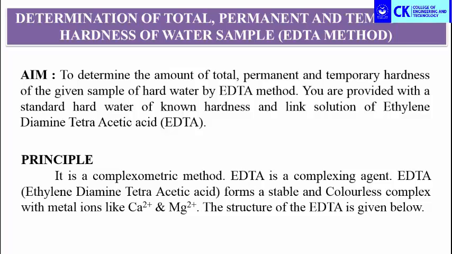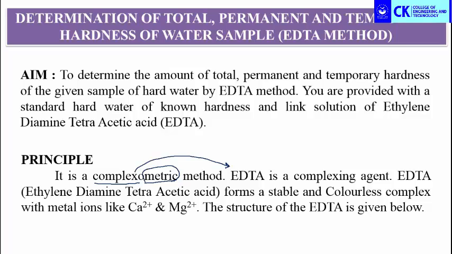This experiment is a complexometric method, which means we are going to measure the amount of hardness present in the unknown water sample by making the hardness causing salt complexed with EDTA. So it is called a complexometric method.